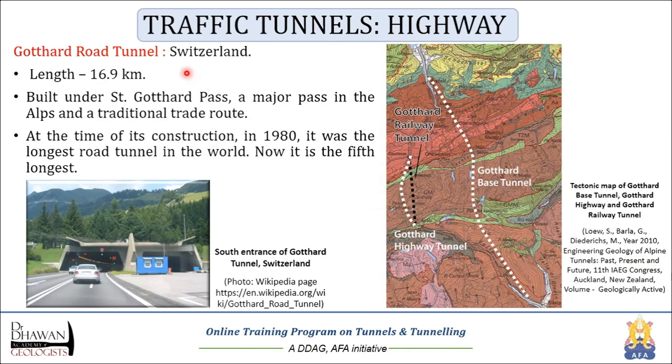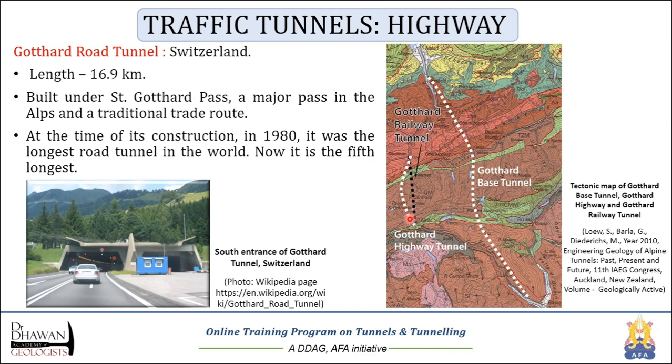Examples are from Switzerland. Here 3 tunnels have been constructed under the St. Gotthard Pass during the last century. The first tunnel is a highway tunnel which is marked as a crescent shaped tunnel with red dots on this map.